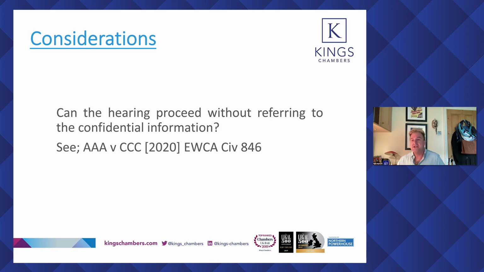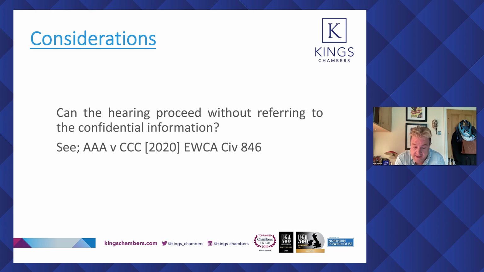When you're considering applying for injunctive relief to restrain the misuse of confidential information, you are going to need to consider at the outset whether or not the hearing can proceed without referring to and deploying the confidential information.